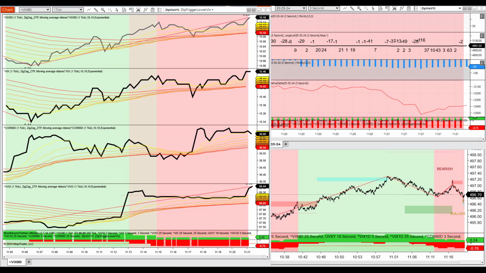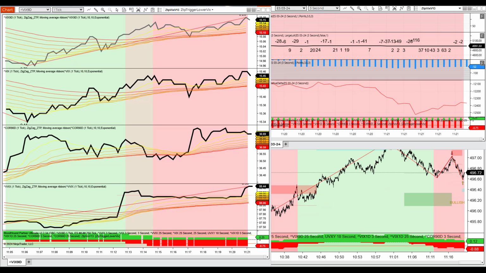You could see that as we went lower, the KP2 bars got larger as the cumulative delta was falling, and that is your limit order support. Here comes the buyers taking it back up.